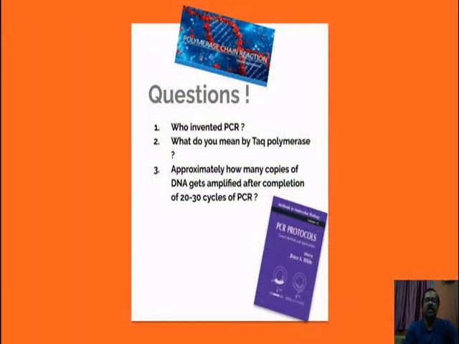Now there are certain questions for you. Who invented PCR? I have already discussed Kary Mullis. Then what do you mean by Taq polymerase? Taq polymerase is an important polymerase enzyme. Taq: T for Thermus and aq for aquaticus. Thermus aquaticus is a bacterium which is found in hot springs.